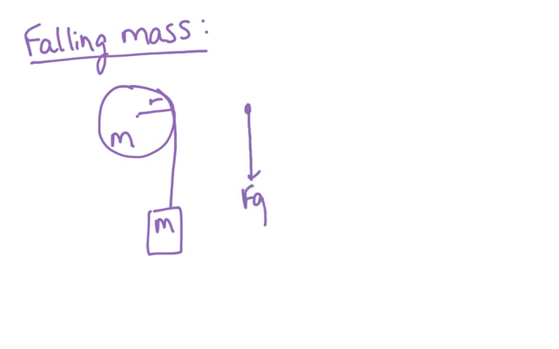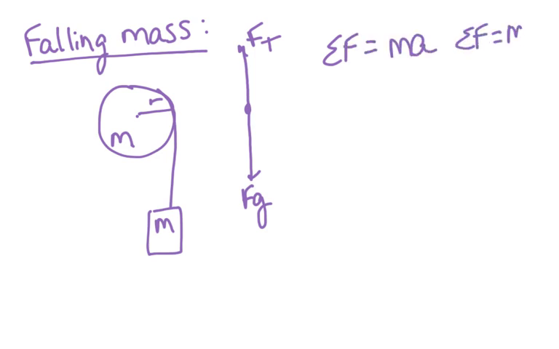So, of course, we're going to have the gravitational force, and then we're going to have this tension force going up, okay? So the net force here is mass times acceleration. And the net force here is going to be the gravitational force minus the tension force, okay? Well, this is what we end up with.